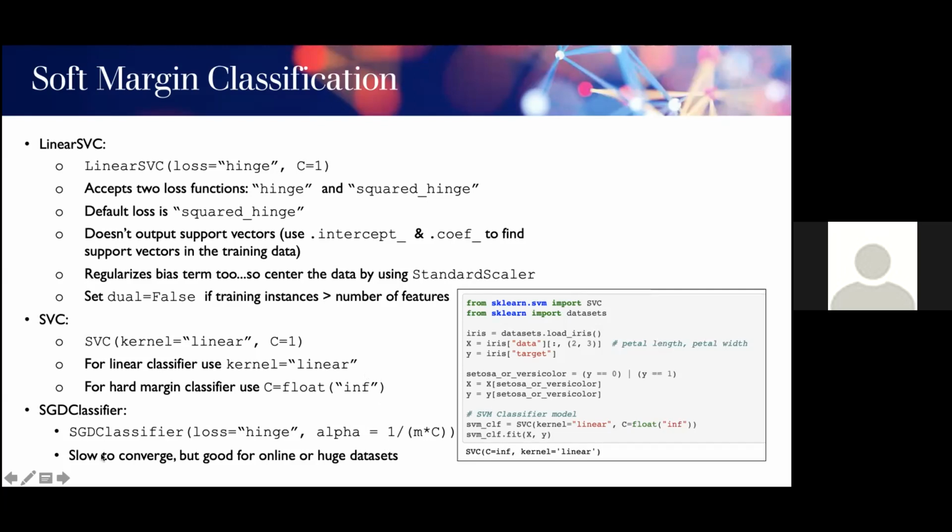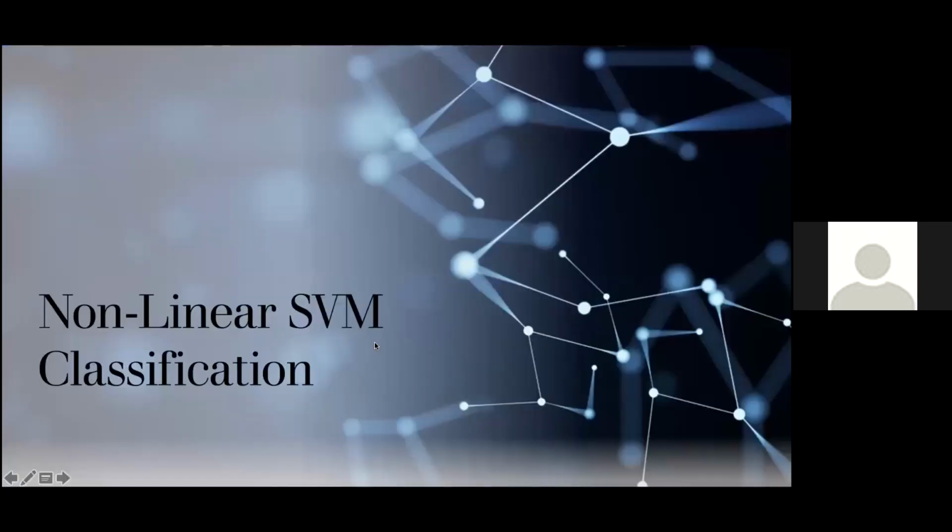This is very slow to converge because you are estimating your parameters instance by instance. So it is useful for online learning or for huge data sets, but typically not useful if you are using small to medium data sets. And with that, we are ready for nonlinear SVM classification.